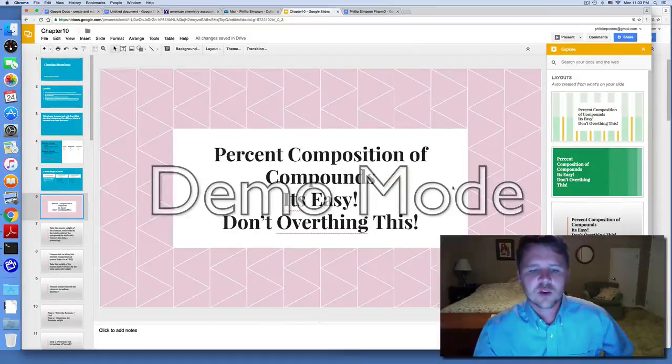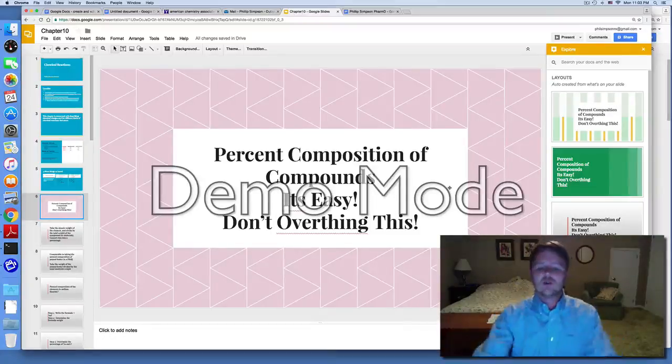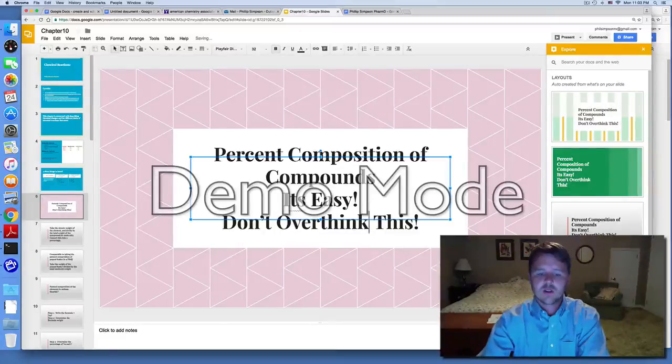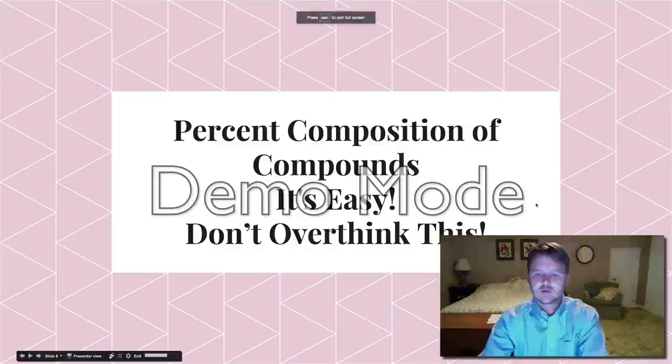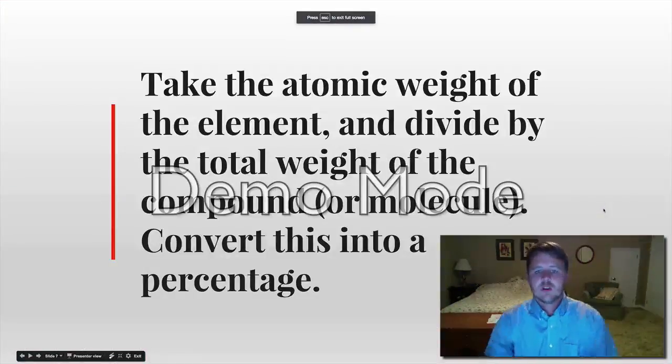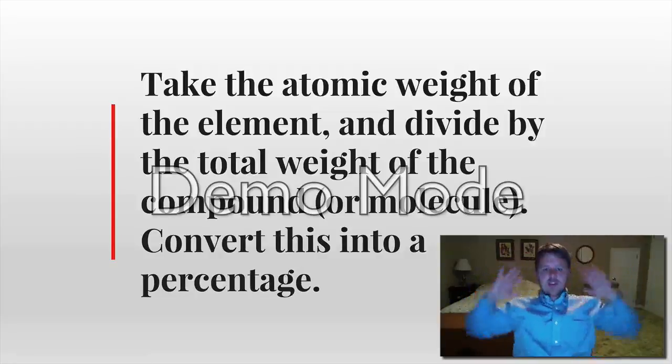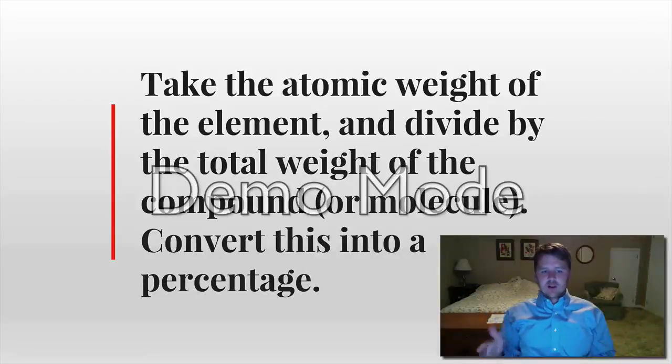So let's go over the percent composition of compounds. It's easy. Don't overthink this. You take the atomic weight of the element and divide by the total weight of the compound. Then just convert this into a percentage.